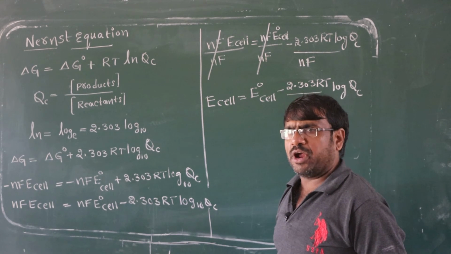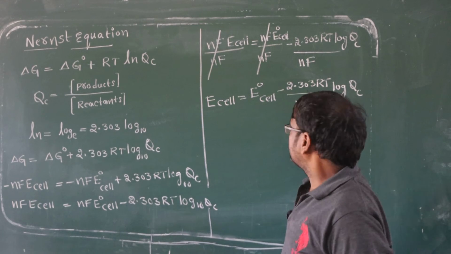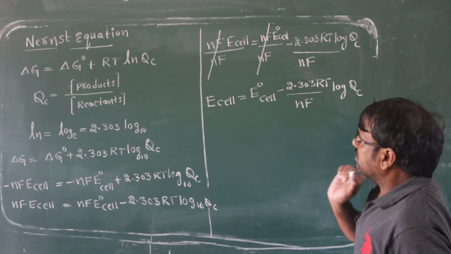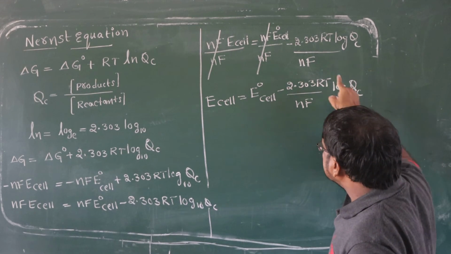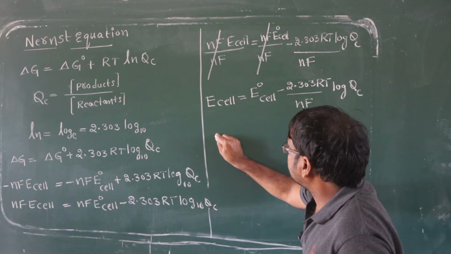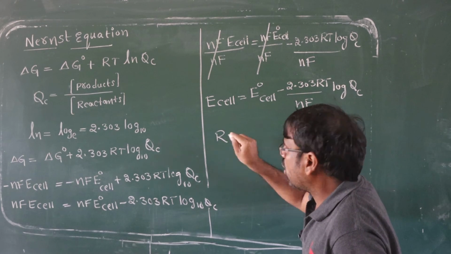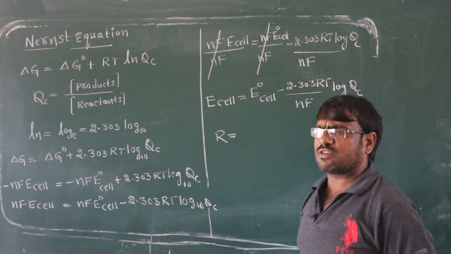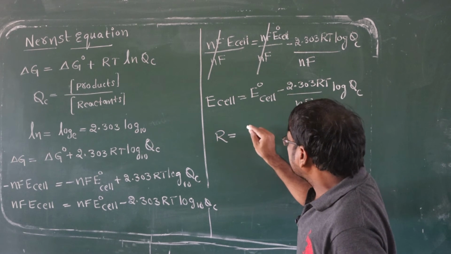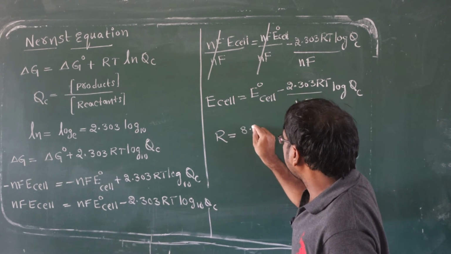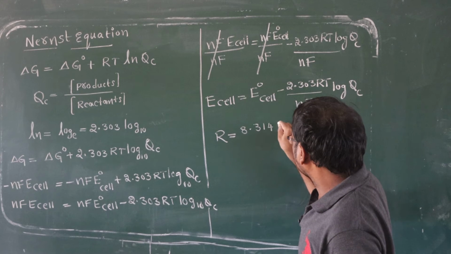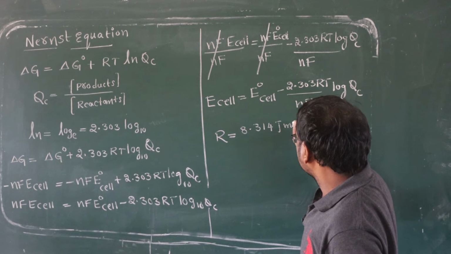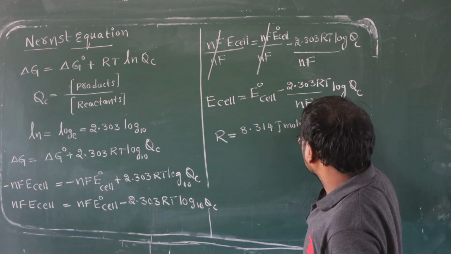Now the next one is, in this equation R is the constant. R is the universal gas constant. How much is it? 8.314 joule per mole per Kelvin.